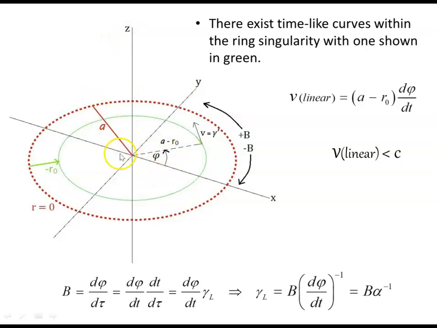Okay, this distance here is a minus r0, because remember r equals 0 is the ring itself. Outside the ring is r greater than 0. We have 2 directions, which is very, very important now. Plus b in the anti-clockwise sense, minus b in the clockwise direction.